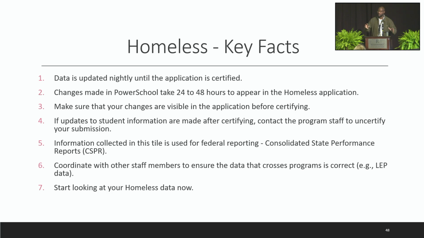So you're on it, you did your work, you got your homeless data certified. Of your 30 homeless kids, you had 3 that were EL. Well, the EL person who may be a little bit behind you, they go in and they're working their data. They realize that they missed marking some kids EL.